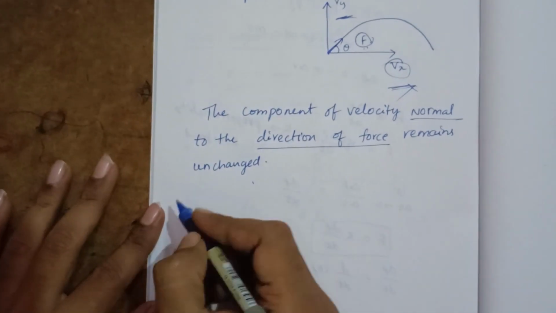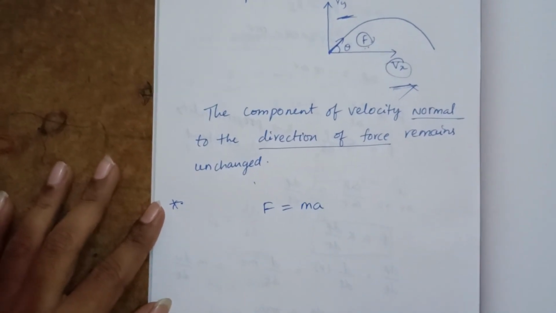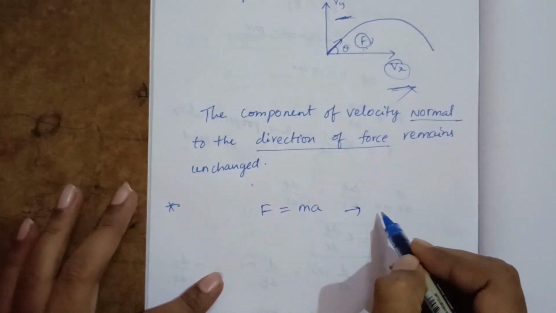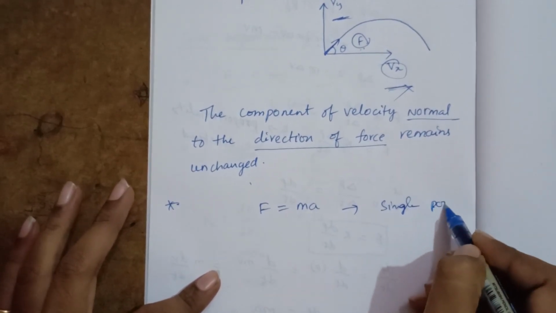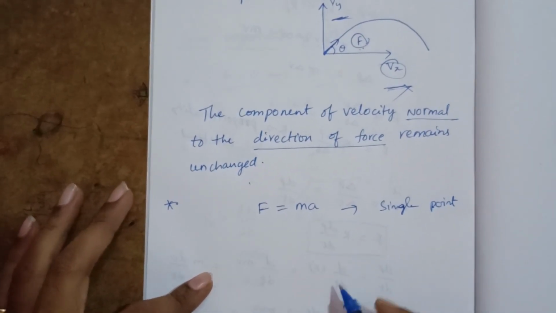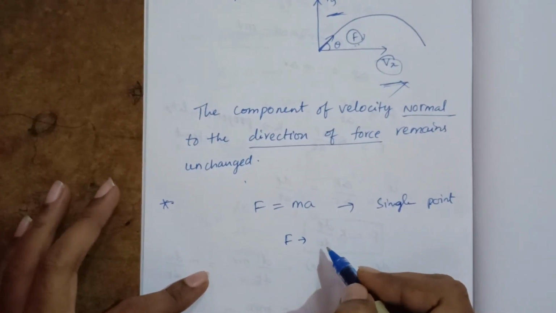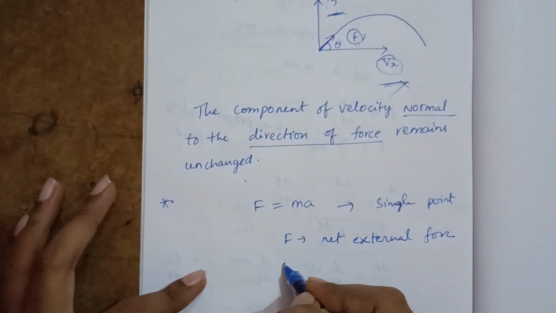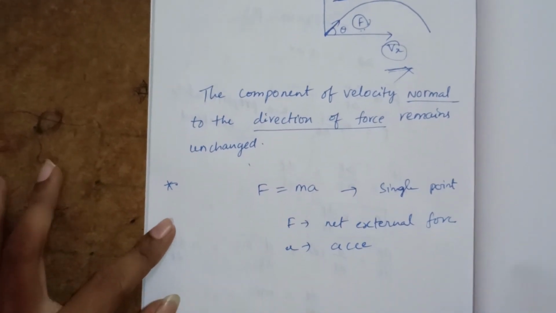Next, whenever we consider F equal to ma, force equal to mass into acceleration, for a single point, F refers to the net external force and a refers to the acceleration of the particle.